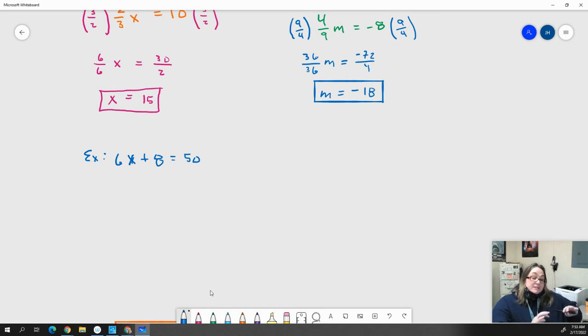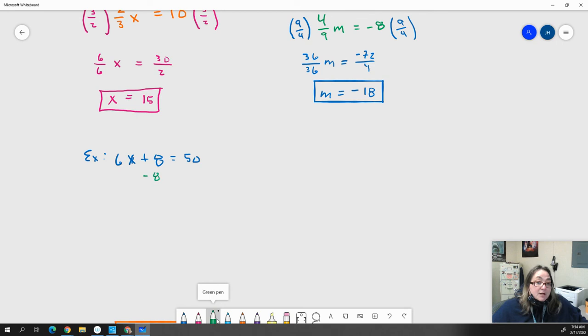We are always going to deal with the addition and subtraction first when we're dealing with more than one step. You want to do backwards PEMDAS. We've been taught that PEMDAS is parentheses, exponents, multiplication and division, whichever comes first, and then addition and subtraction, whichever comes first. But because we're undoing it, we want to do it in backwards order. So I'm going to start by getting rid of what is being added to it, which is this plus 8.